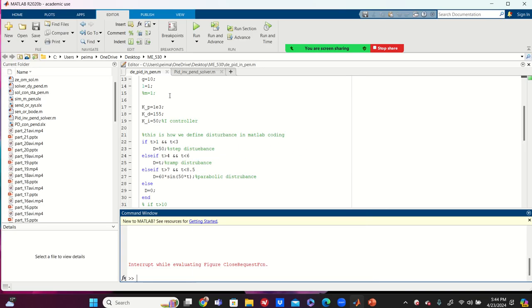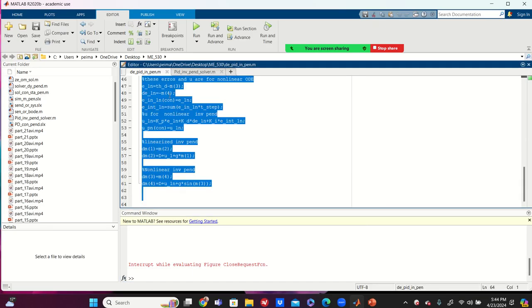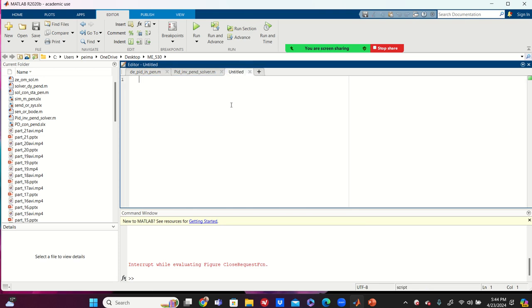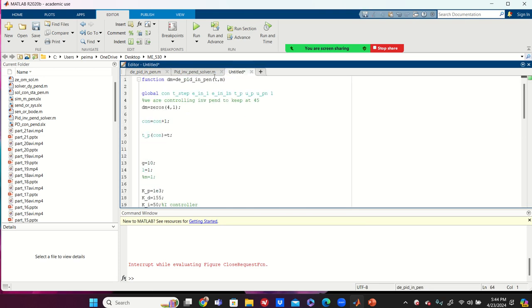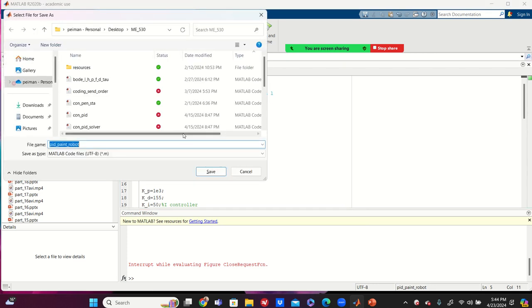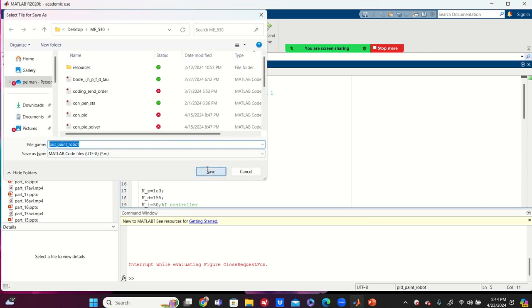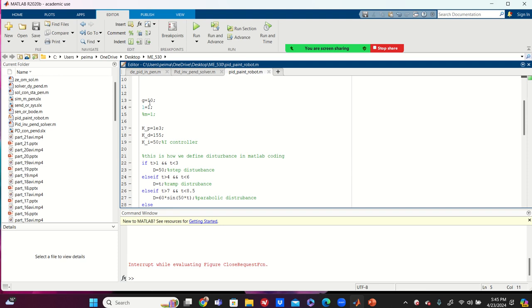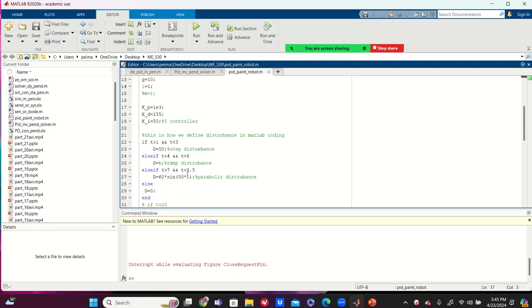So what I'm going to do is copy and paste everything from here and generate a MATLAB code that I'm going to share with you. The name is different: PID paint robot. I'm going to make it 2 because I want only the linearized version. G is 10, L is 1. I'm going to keep the gains still, I don't change them until now.